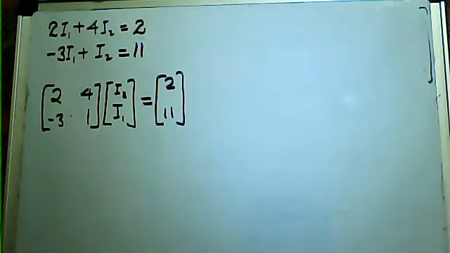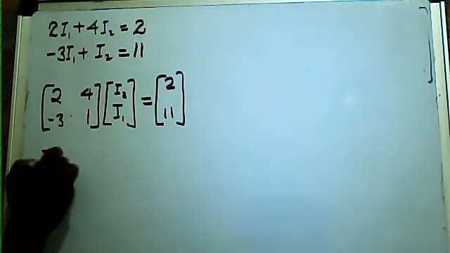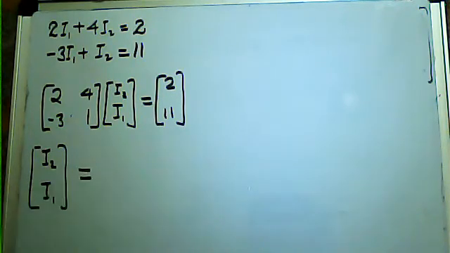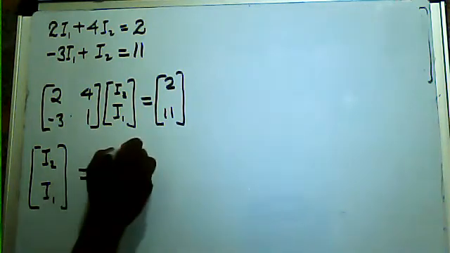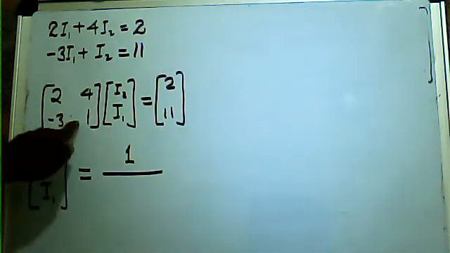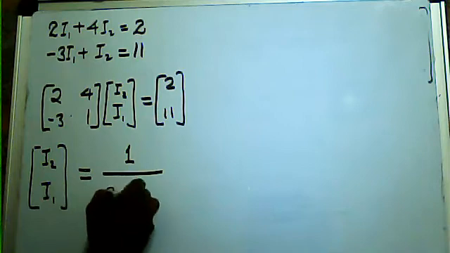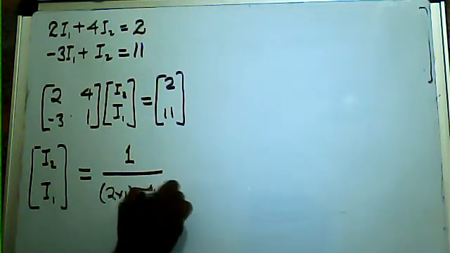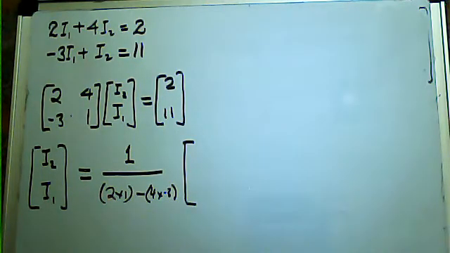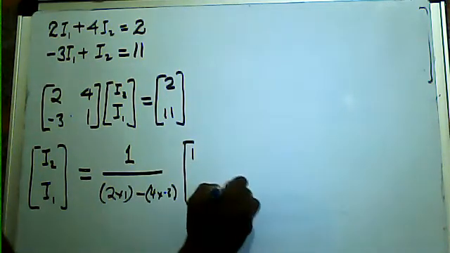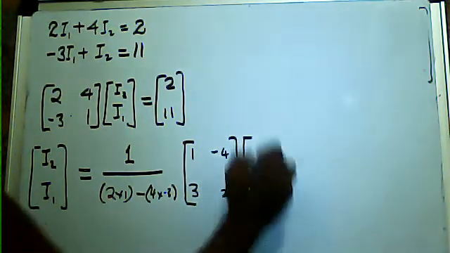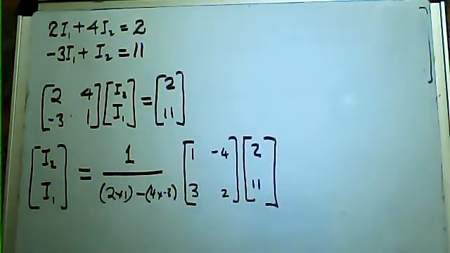Okay? Then we are going to say I1, I2 is equal to 1 over the determinant of this matrix, which is 2 times 1 minus 4 times negative 3, multiplied by 1, 3, minus 4, 2. This should multiply 2, 11.